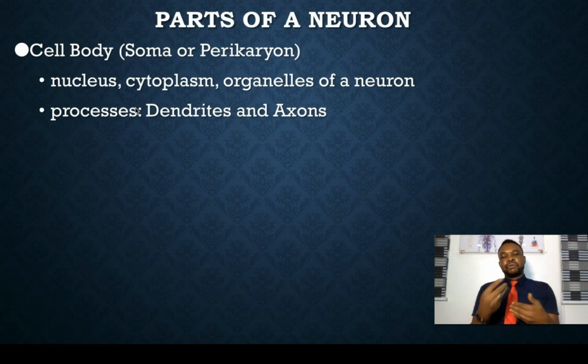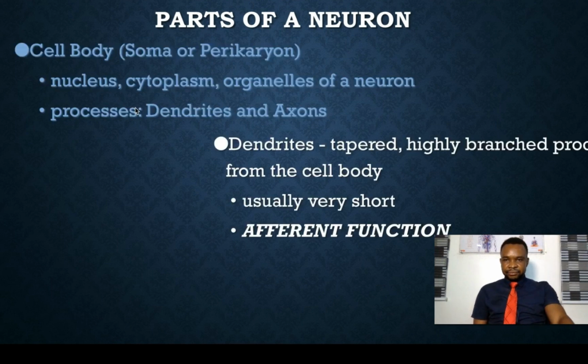Just as we have organelles in the cell, we have all those organelles found in the neurons, like the Golgi apparatus, nucleus, mitochondria, and the rest of them. Then we have the processes. The processes are made up of the dendrites and the axons.